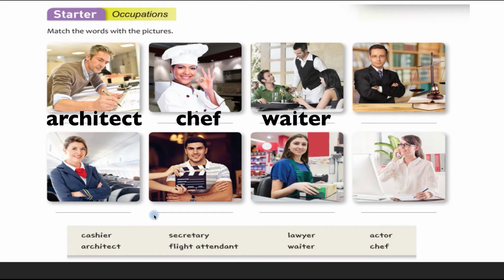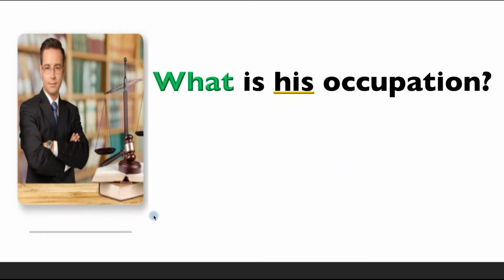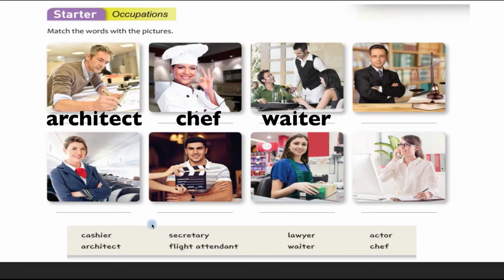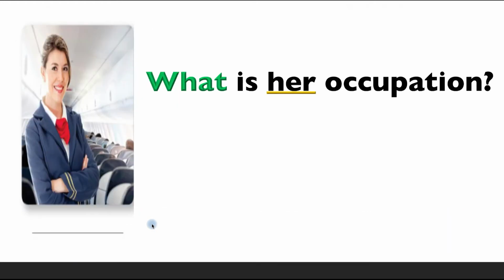So the next one, what is his occupation? He is a lawyer, yes. His occupation is lawyer. He is a lawyer. And then we got, what is her occupation?